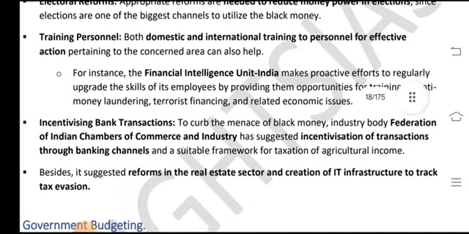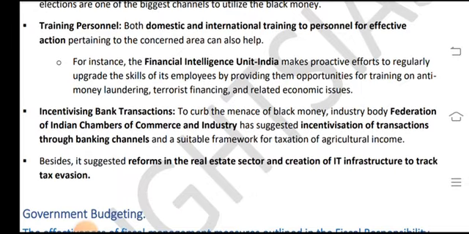For instance, the Financial Intelligence Unit India makes proactive efforts to upgrade the skills of its employees by providing them opportunities for training on anti-money laundering, terrorism financing and related economic issues.